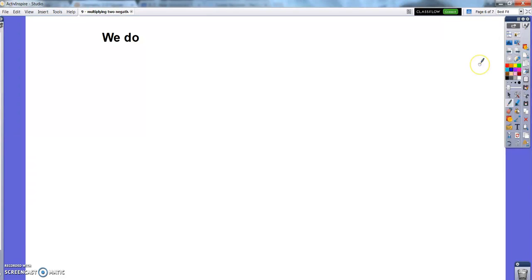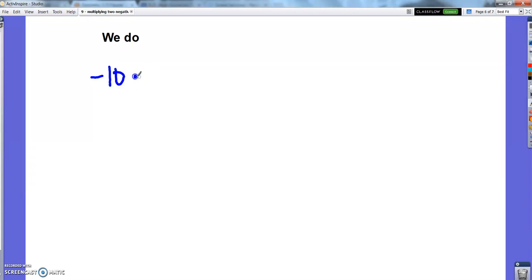So let's do some examples real quick. If you just want to start with basic numbers like negative 10 times negative 25, negative times a negative is going to be a positive, and then I can just multiply the numbers to get the value.